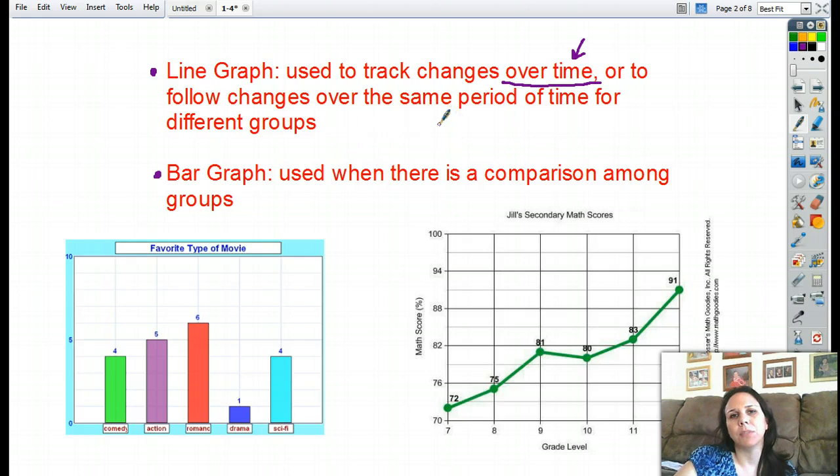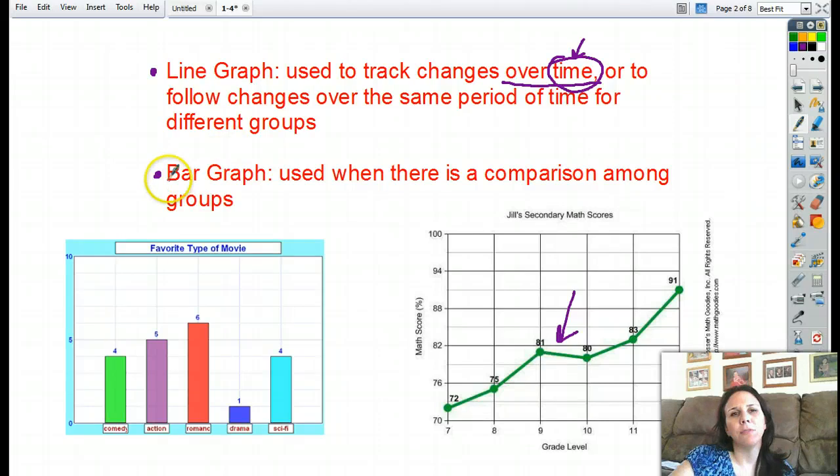So maybe I'm taking a look at how 3 different plants grew in the same amount of time. I can use that. So it doesn't have to be just one line like this. So usually if you see time involved, it's probably going to be a line graph. If it uses seconds, weeks, months, years, minutes, whatever, it's probably going to be a line graph.